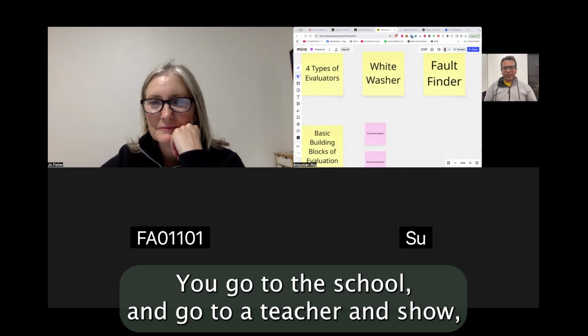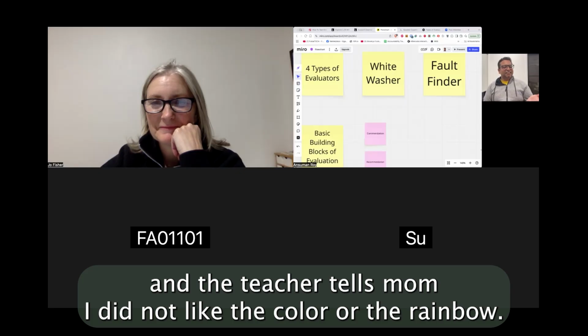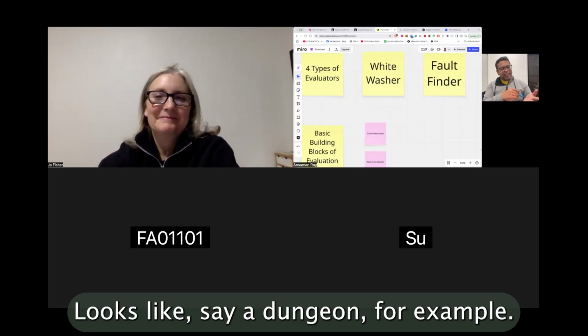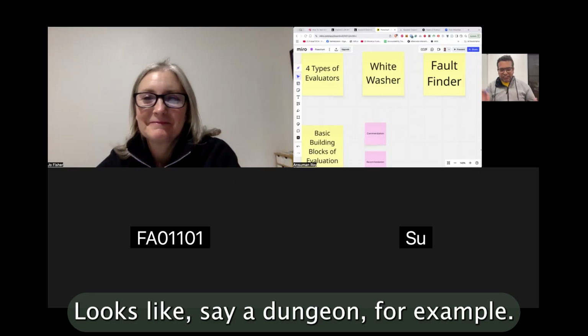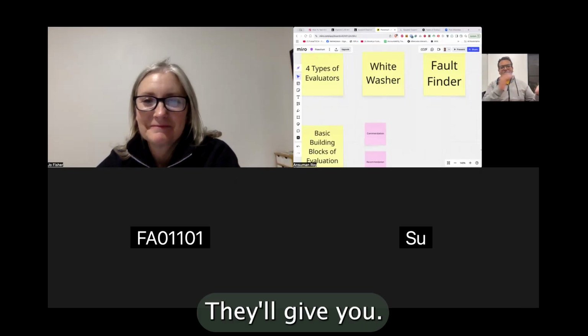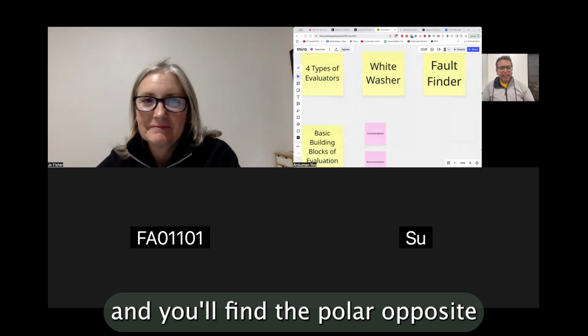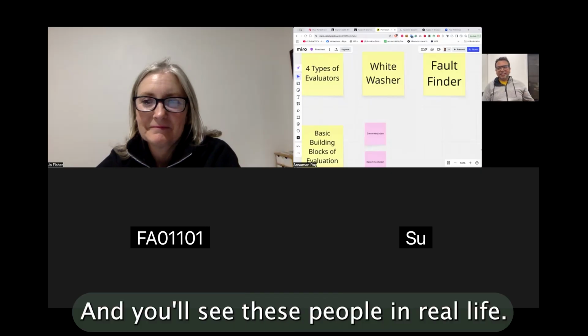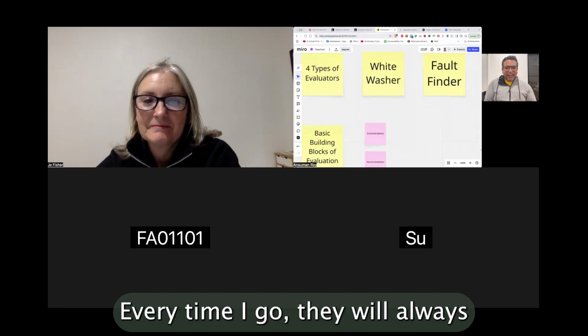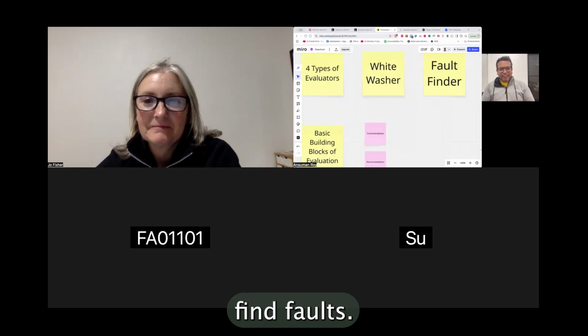You go to the school and show the teacher, and the teacher will tell you, I did not like the color, or the rainbow looks like, say, a dungeon, for example. They'll find all the faults, and you see these people in real life, and you start avoiding them. Every time I go, they will always find faults.